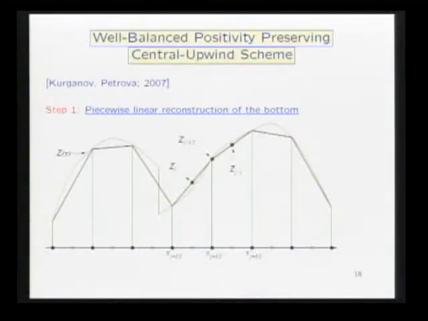Several additional techniques, including a path-conservative scheme that we designed for this, and an averaging that Shijin has proposed. I didn't have time to talk about this, but it is much more complicated. In most cases it's not needed. In most examples, we just did this and it worked. We replaced the jump with a continuous function.